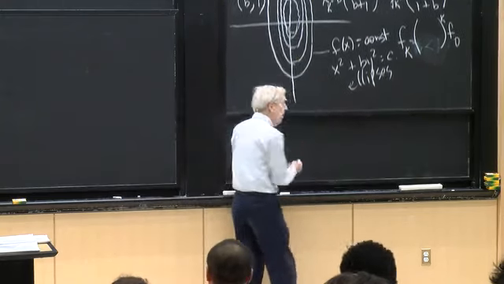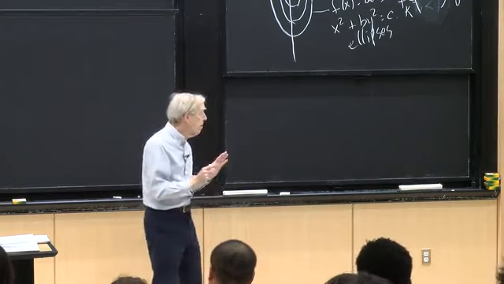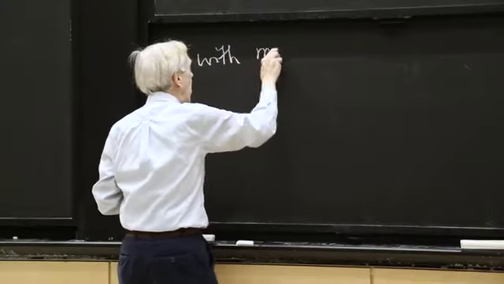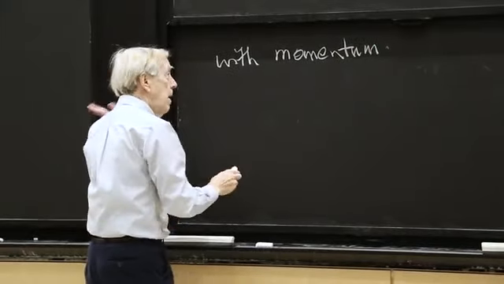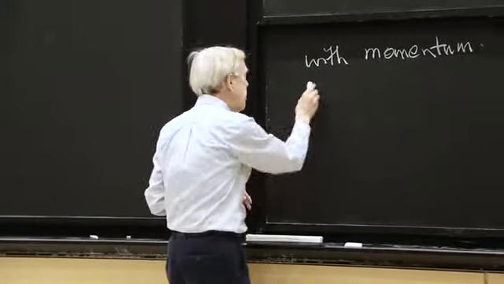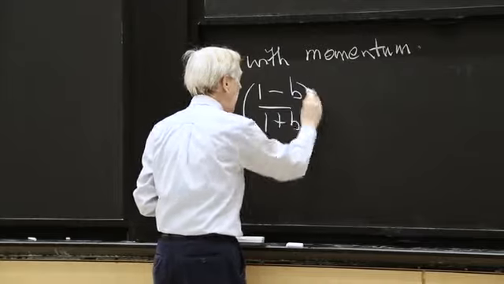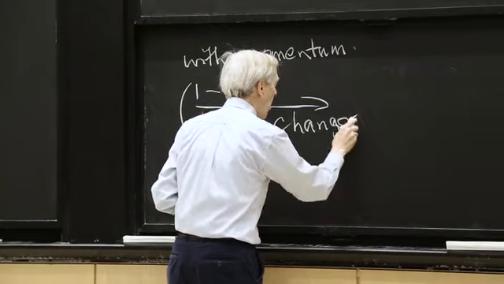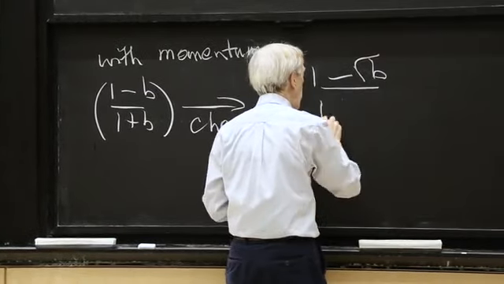I didn't plan to reveal the final result at the beginning of the lecture, but I think you want to see where we're going. So with momentum, and we have to see what that means, this term of 1 minus b over 1 plus b changes to 1 minus square root of b over 1 plus square root of b.